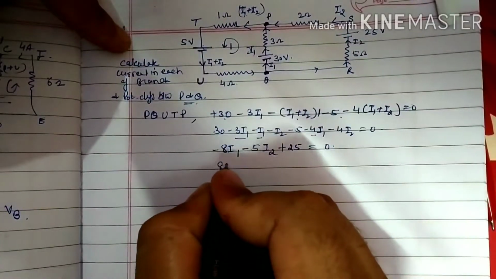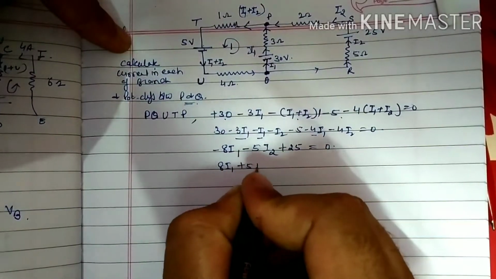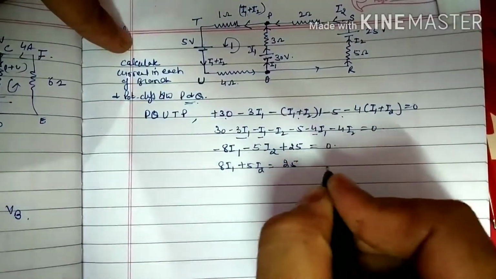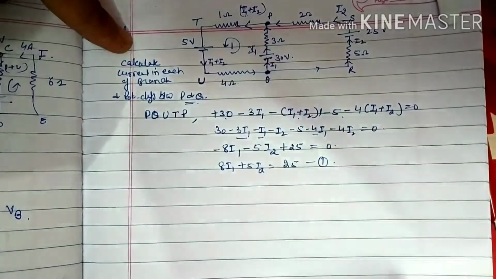So we will get 8I1 plus 5I2 is equal to 25. This is our first equation.